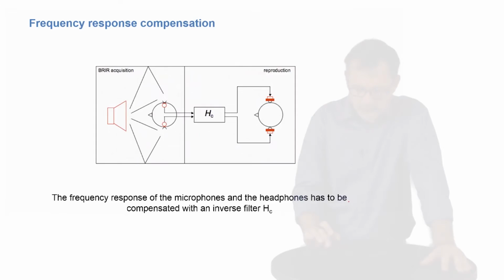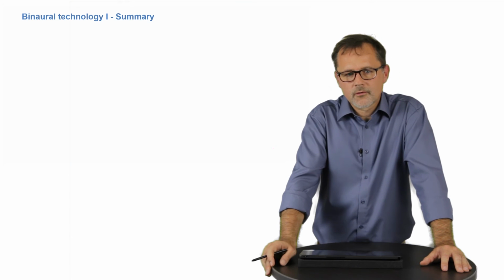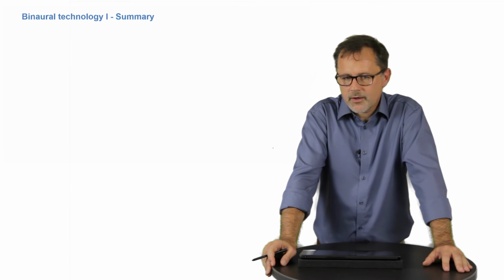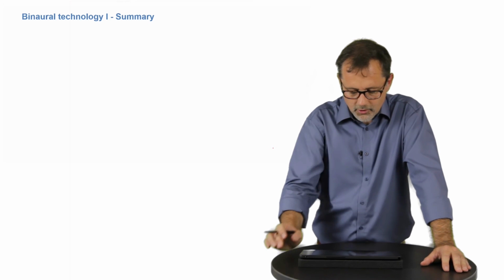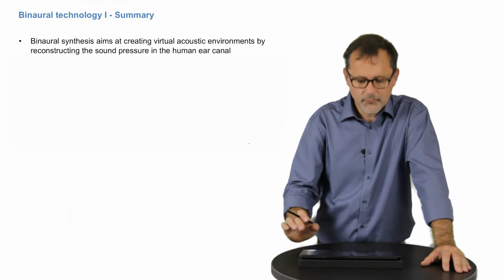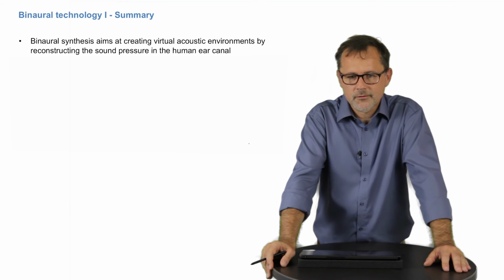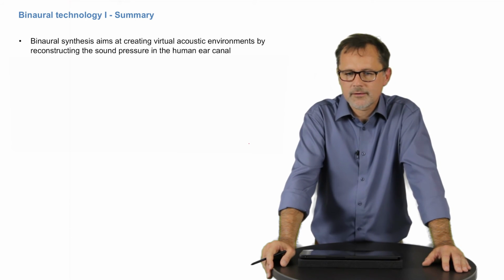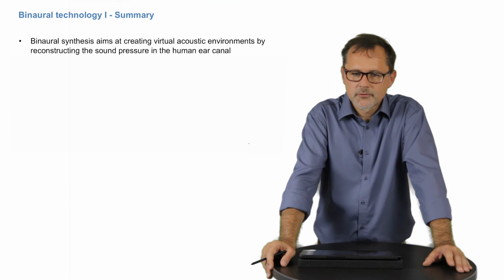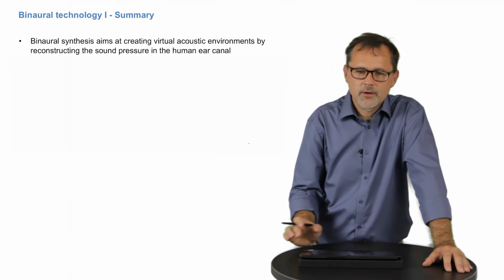If we now summarize the first part of this lecture, we can recapitulate that binaural synthesis aims at creating virtual acoustic environments by reconstructing the sound pressure in the human ear canal and by exciting the human eardrum in the same manner as it would be in reality.